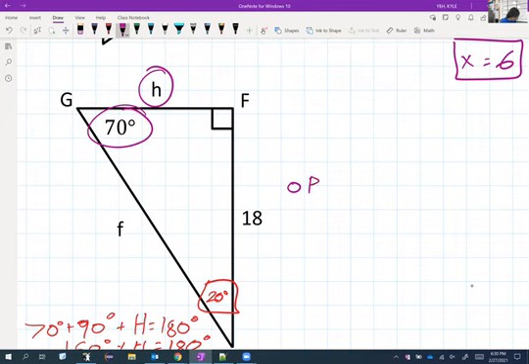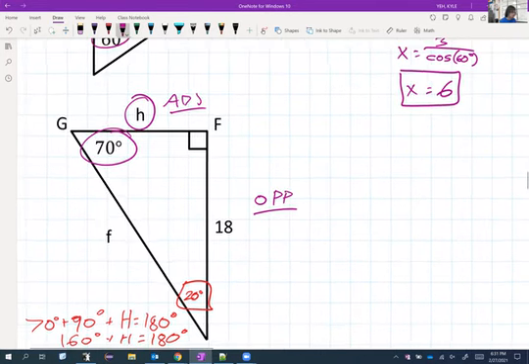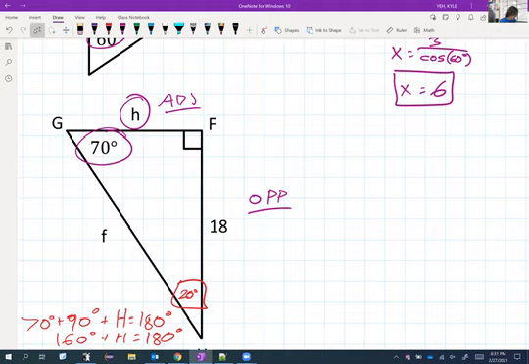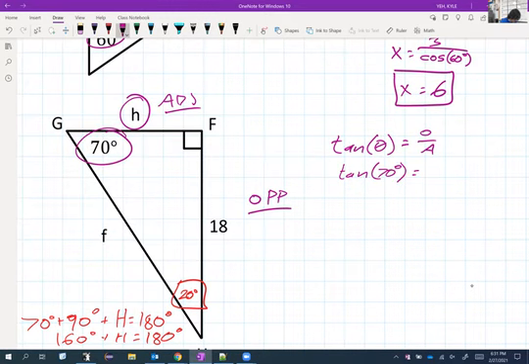So from 70, this is my opposite side. This is my adjacent side. So opposite, adjacent, so TOA. I know that tan theta equals opposite over adjacent. And so I can say tan 70 degrees equals the opposite side was 18 over the adjacent side, which is h.